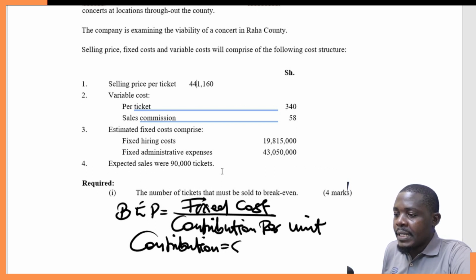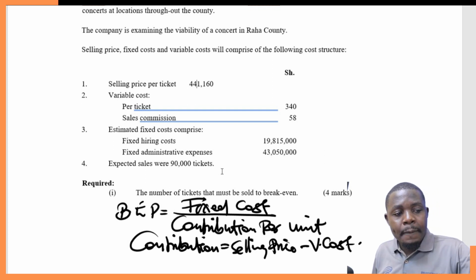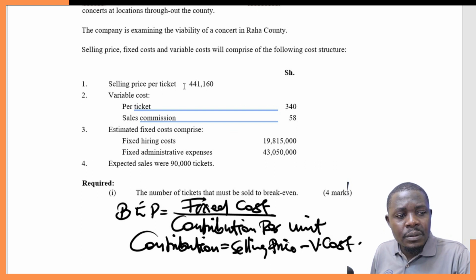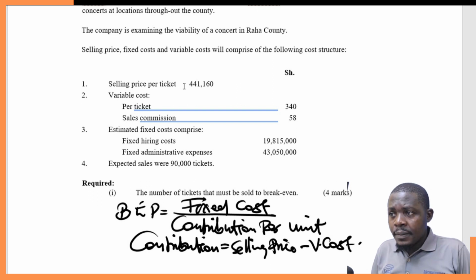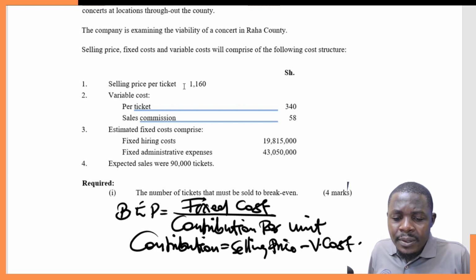Contribution is equal to the selling price minus variable cost. Now in this case, we are going to have the selling price per ticket, we have been given as 4. Selling price should be 1,160.